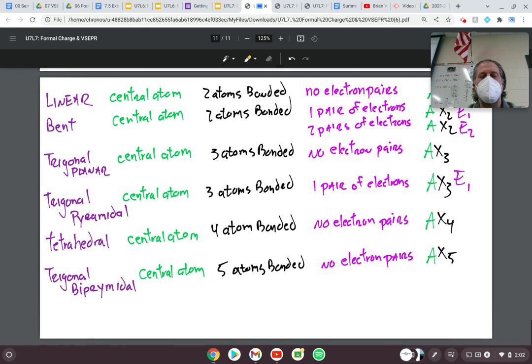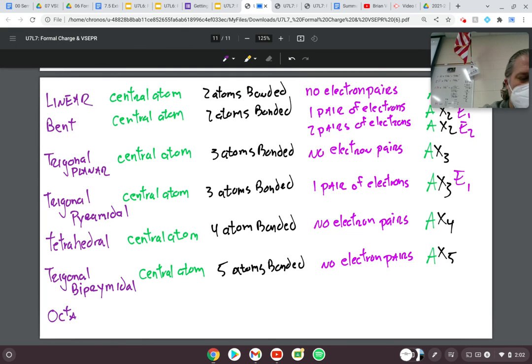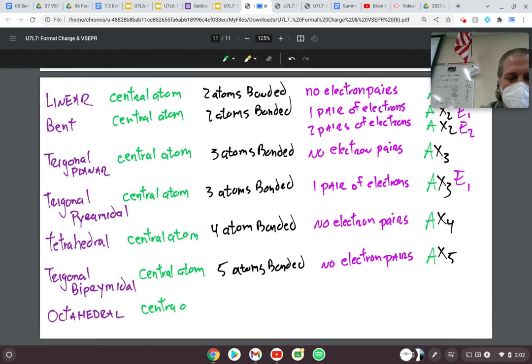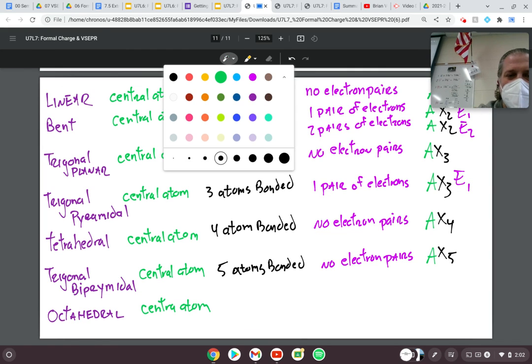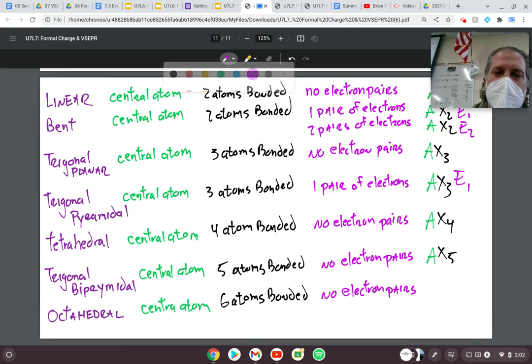And then the last structure that we learned about today was the octahedral. It had a central atom with 6 atoms bonded to it, no electron pairs, and it could be known as an AX6.